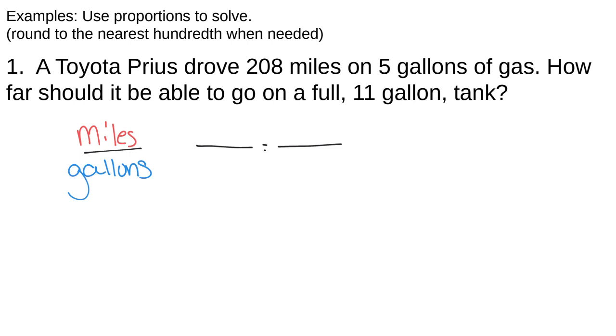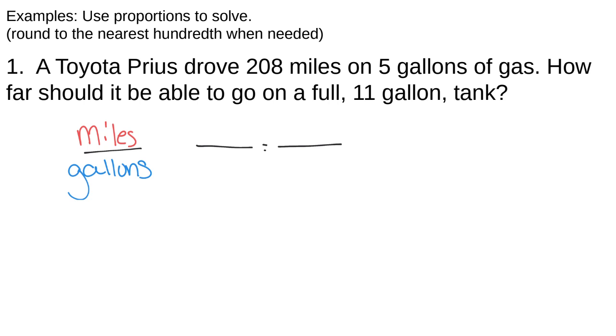We need to find quantities that represent each of those, miles and gallons. The first sentence tells us that the Prius drove 208 miles on 5 gallons of gas. Those two are buddies. They go together, so they're going to be in the same ratio. For the first one, we have 208 miles.